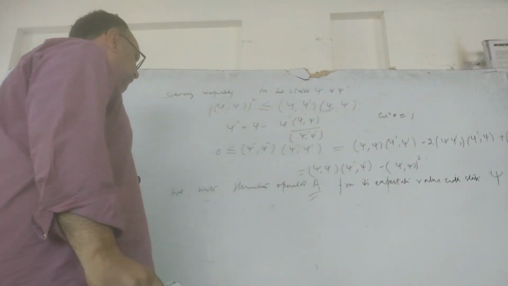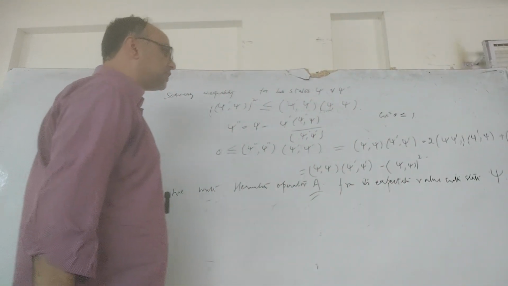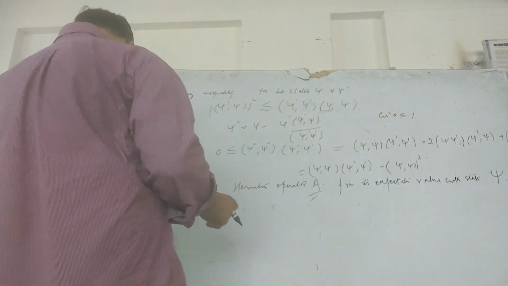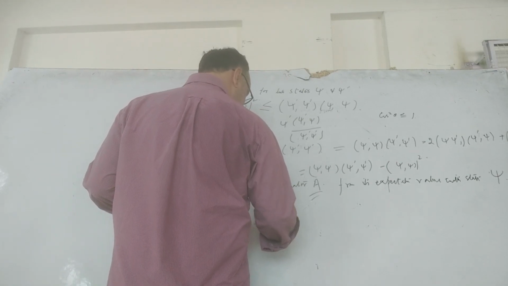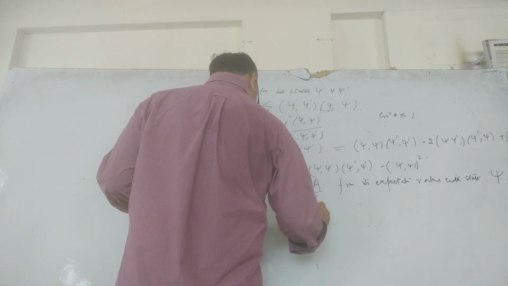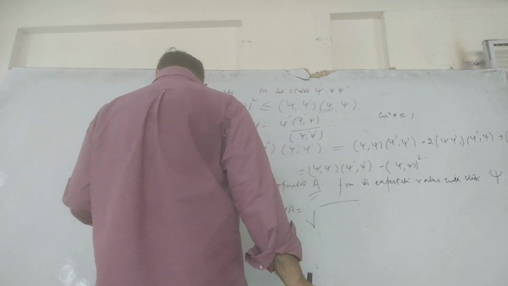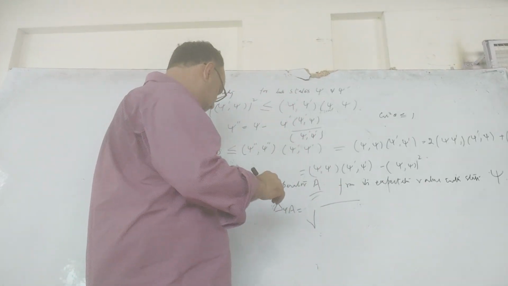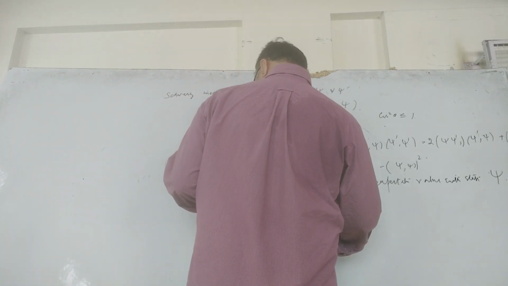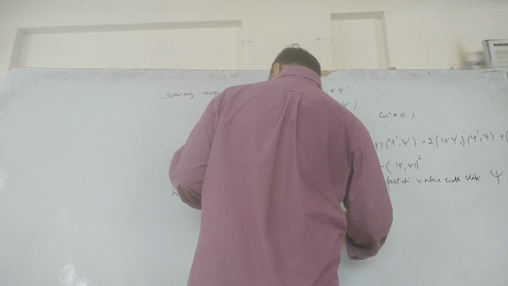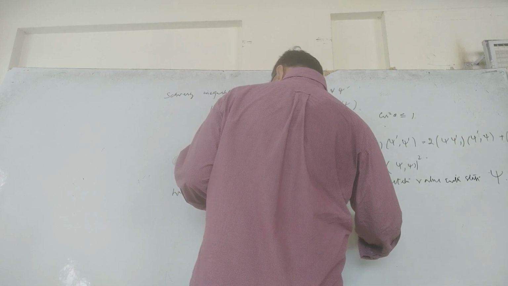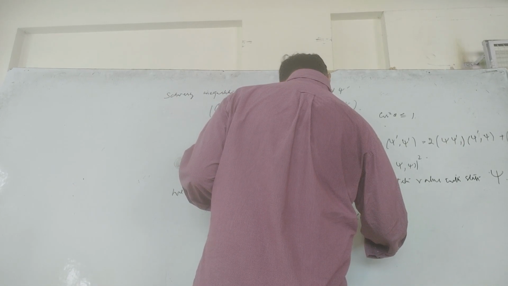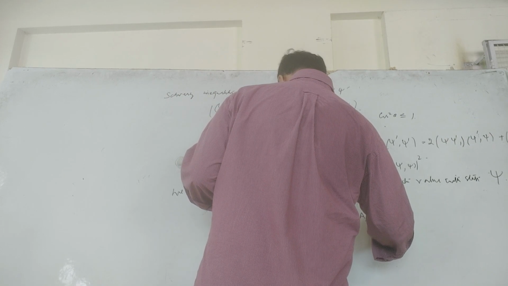Now we are going to write the Hermitian operator from its expectation value with the state psi. So the uncertainty can be defined as the root of the square of the difference of A minus its expectation value.